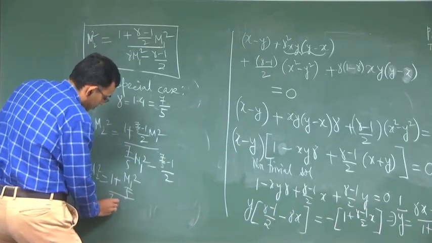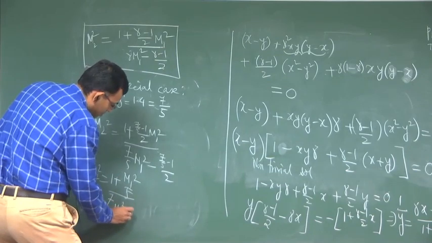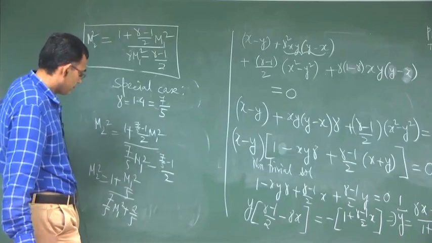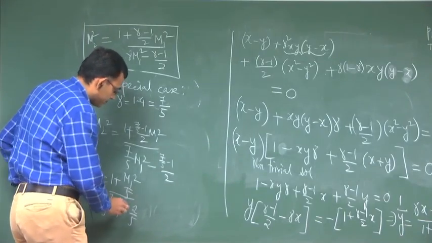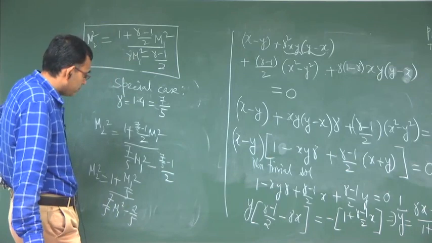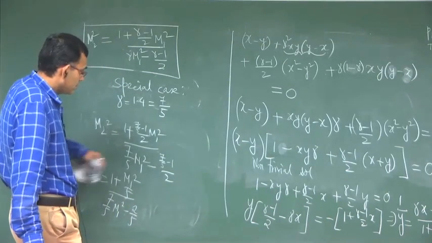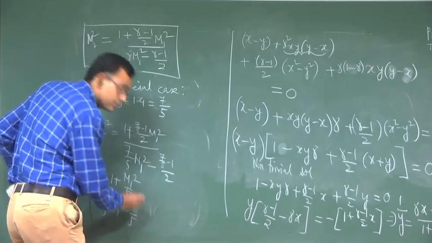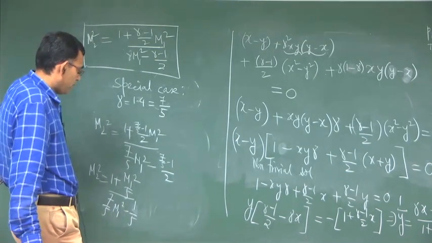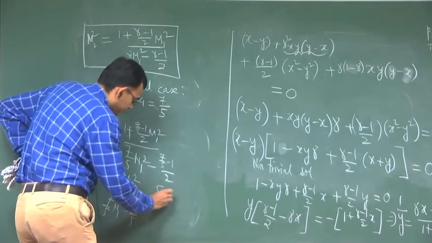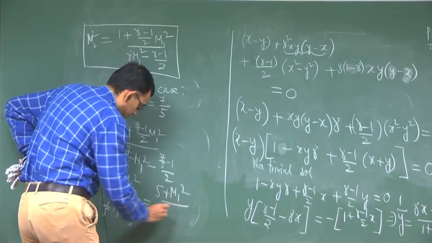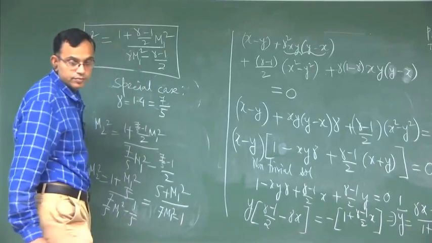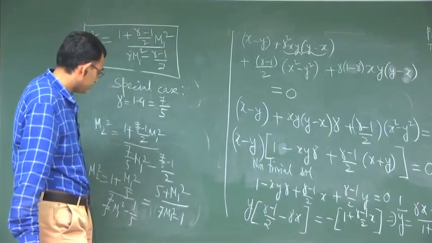So, 7 by 5 m1 square plus 2 by 5 minus 2 by 5, not 2 by 5, minus 1 by 5, because there is a half here, no. So, 5 plus m1 square by 7 m1 square minus 1 is m2 square.